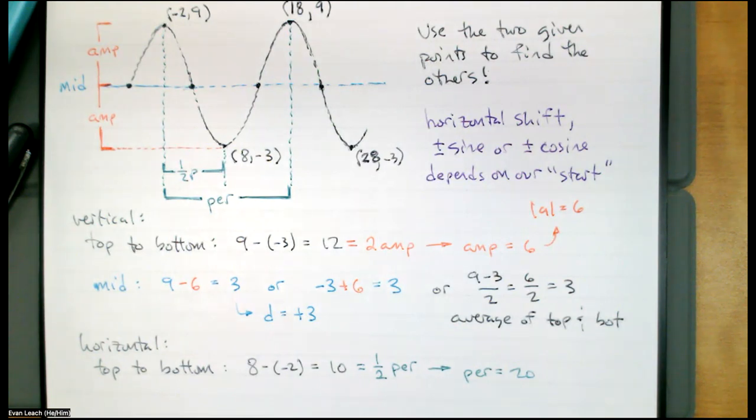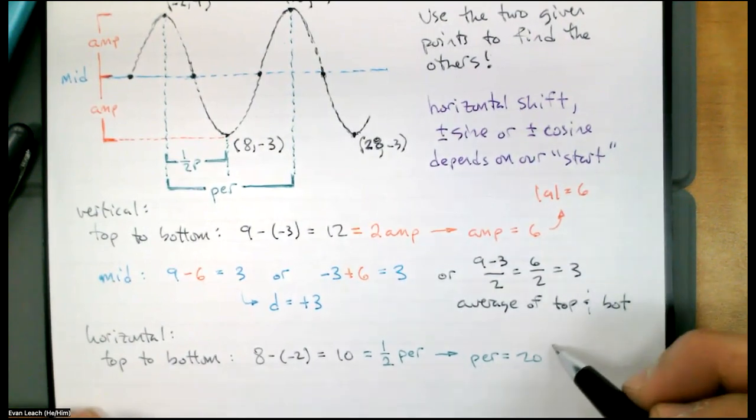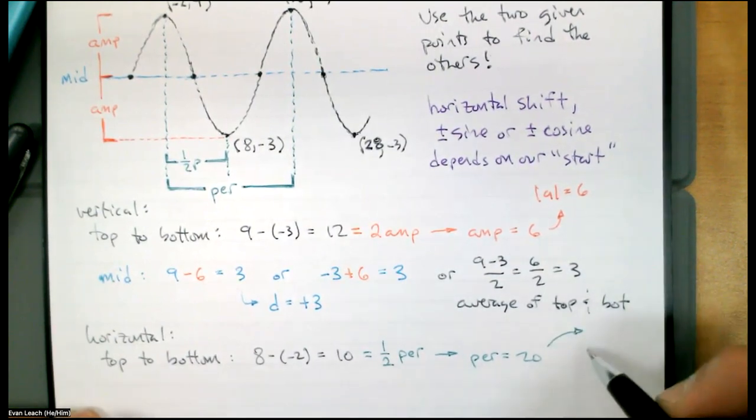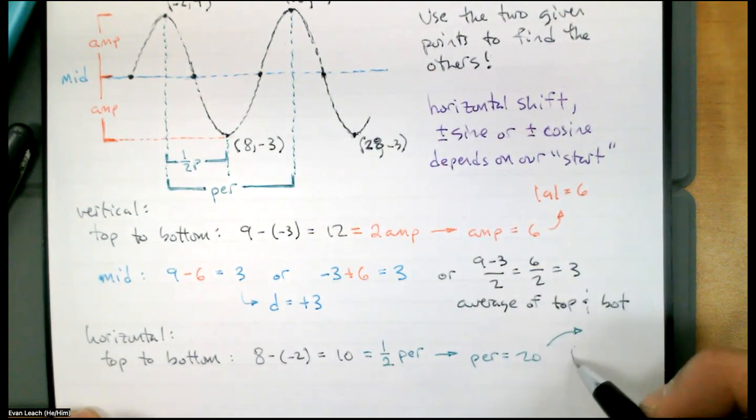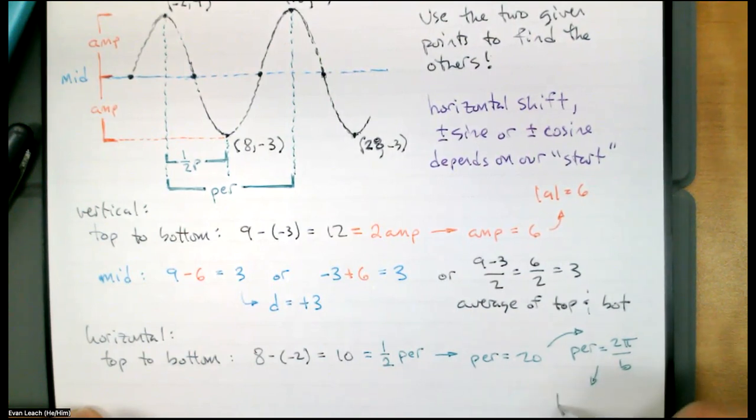Yes, because the number that shows up in the equation is not the period itself. We called it B because, clever names for things. But B is not equal to the period. So we got to think about the number that we're going to be putting into the equation. We know that the period is 2 pi divided by B. And so that means that B is 2 pi divided by the period.